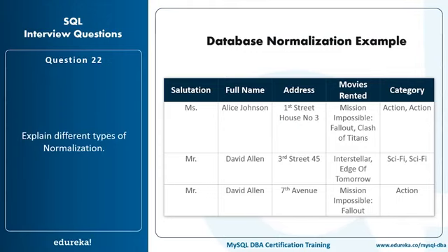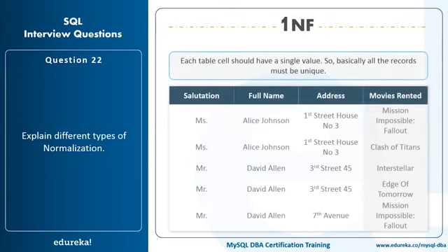So we'll have records such as Miss Alice Johnson, First Street, house number 3, Mission Impossible, and the second record as Miss Alice Johnson, First Street, house number 3, Clash of Titans. Similarly, we'll have Mr. David Allen, 3rd Street, 45 with Interstellar, Mr. David Allen, 3rd Street, 45 with Edge of Tomorrow, and similarly, Mr. David Allen, 7th Avenue, Mission Impossible Fallout. So that's how you get your table into 1NF. You have records with unique values in the complete table. Now, as you can see on the screen, this is our table for 1NF.